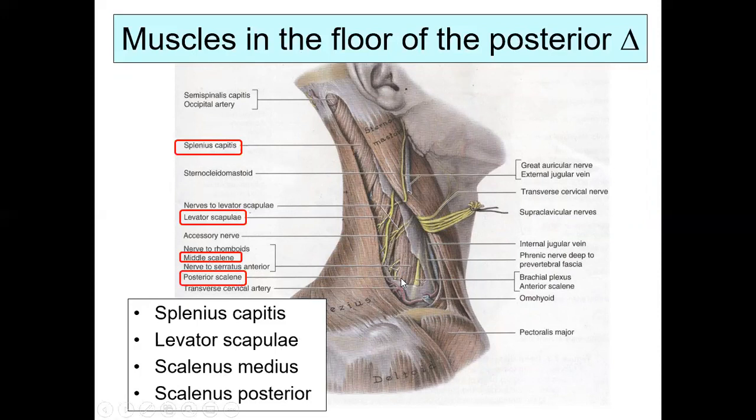This is the posterior scalene muscle, and this is the middle scalene muscle. The scalenus posterior and posterior scalene are the same name actually; you can use either of the two names.